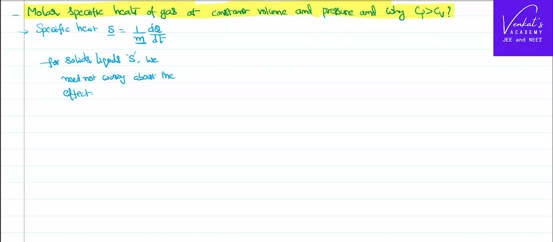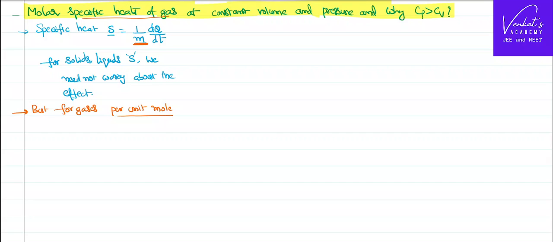But when you are talking about gases, first of all, you cannot take per unit mass, but you have to take per unit mole, because in measuring gases, the more standard way of measuring its content is mole rather than grams or kilograms. So specific heat for gases is defined per mole, not per unit mass.